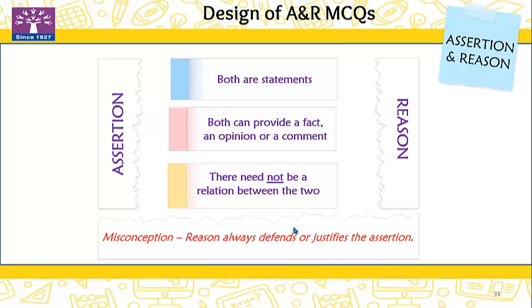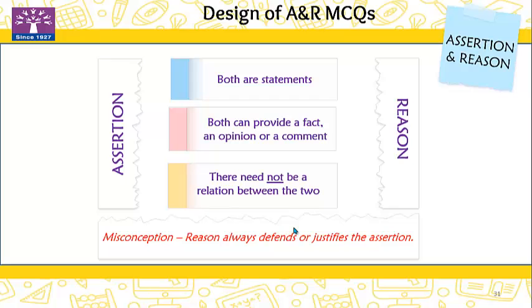There is a misconception that the assertion is a statement that is always defended or justified by the reason. That is, the reason is a cause for the assertion, which is wrong. There need not be a link between assertion and reason statement at any point of time.